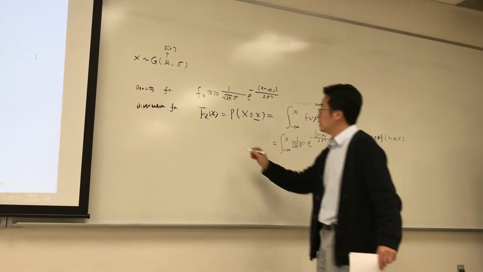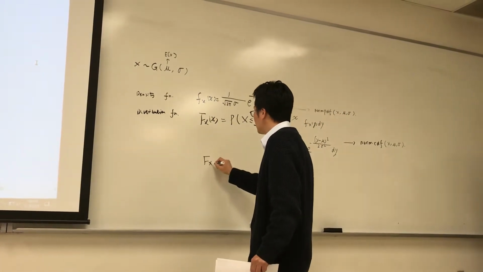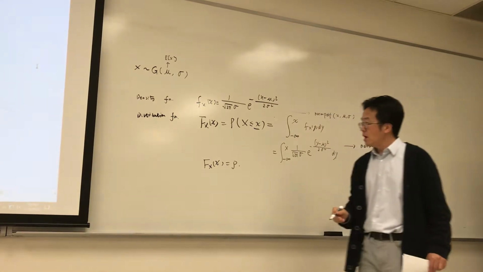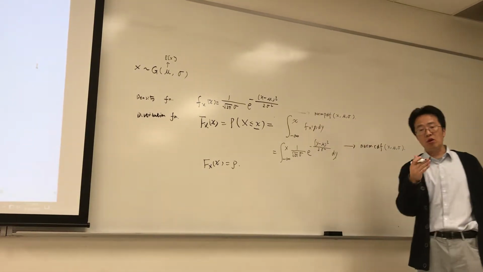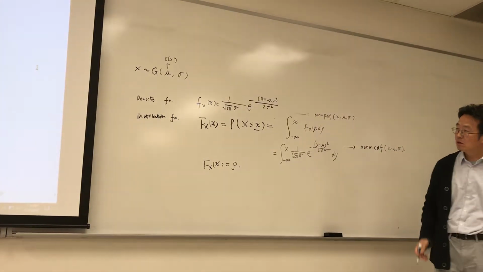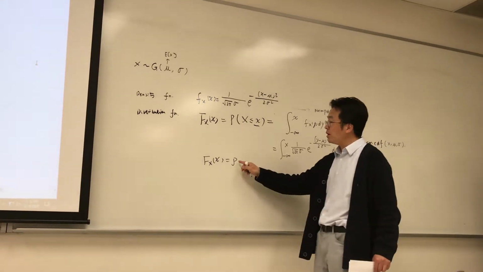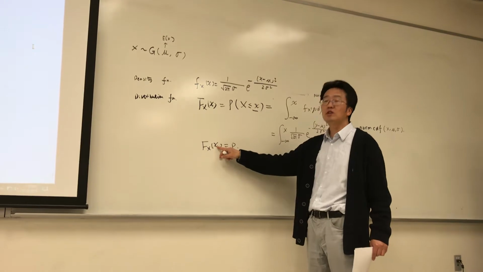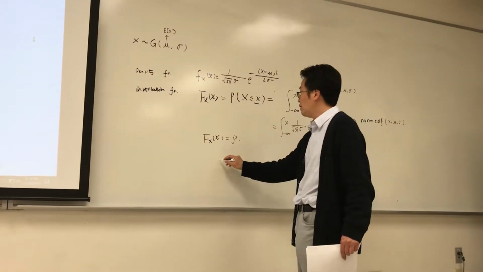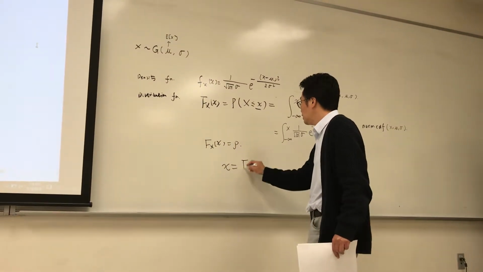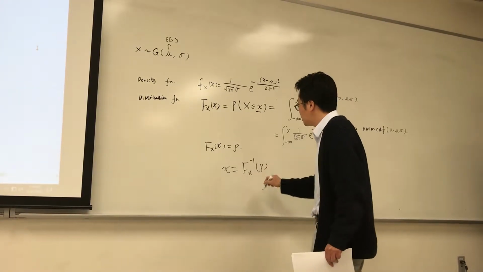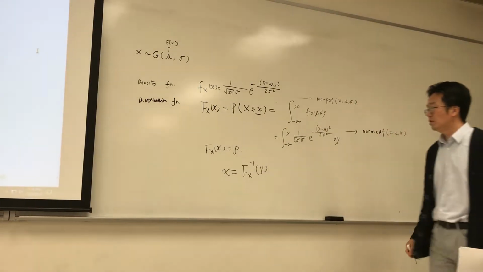Put another way, we can say this equals a probability. And then, like the question we have in the homework, the probability is given, and we'd like to determine the corresponding realization. In this case, we have to use x equal to the inverse function of this distribution function.